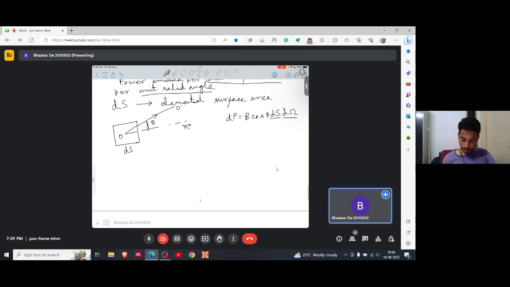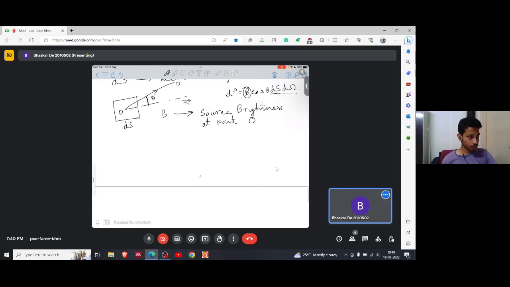Now here one quantity that is unknown, that is this B. This B is known as the source brightness at point O. When B is constant, the source will be known as an isotropic source.